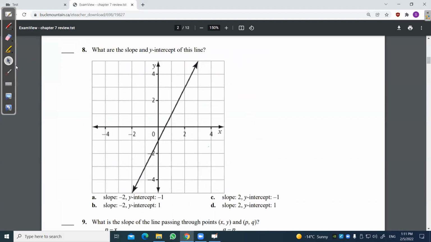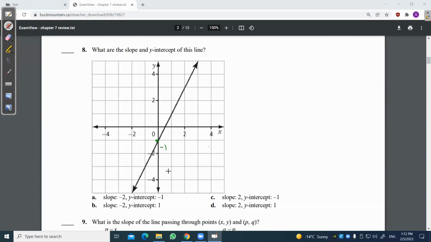Let's try this one. What's the slope and y-intercept of this line? The y-intercept is -1. Yes, it is. So that's -1.